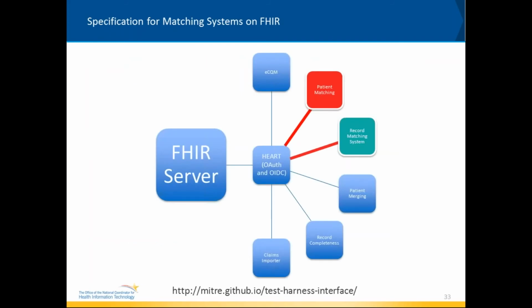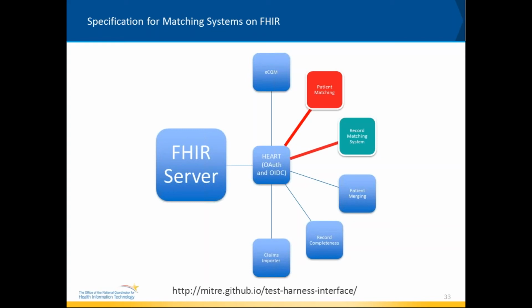So what we did is we created a patient matching test harness that works with our FHIR server. But what we also did is, you'll notice here that I've introduced another box, the record matching system. What we did is we built a specification that tells record matching systems how to interact with FHIR to find the patient data that they need, to create patient matching, record matching system jobs, as well as report systems back in.